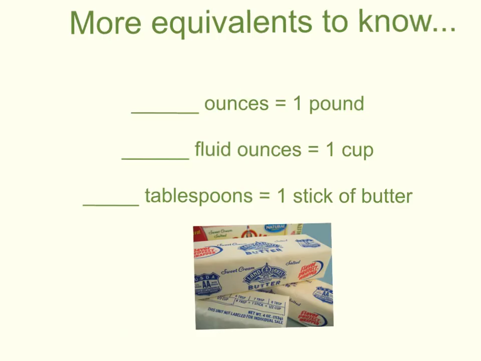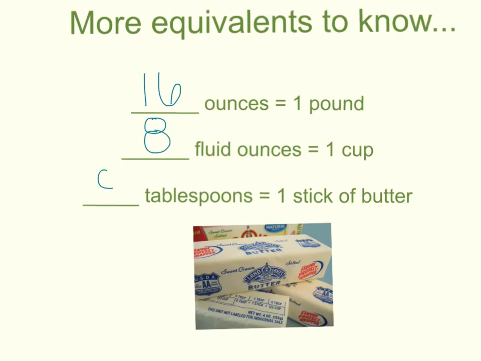As we move along, there's just a couple more equivalents that we need to know. Again, these aren't anywhere on your sheet, so if you want, just write these down in the right column of the equivalence page. There are 16 ounces in 1 pound. There are 8 fluid ounces in 1 cup.